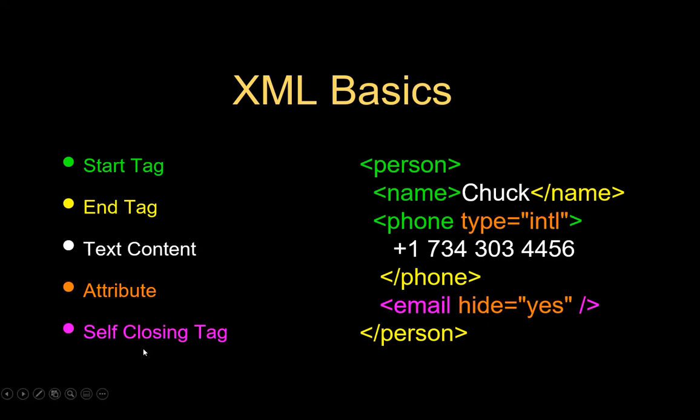And the final one is the self-closing tag, which is basically one tag that doesn't have an end tag, but at the end of the tag we have a forward slash, so it identifies that the tag ends on the same line or within the same square bracket. It doesn't need the second end square bracket tag.